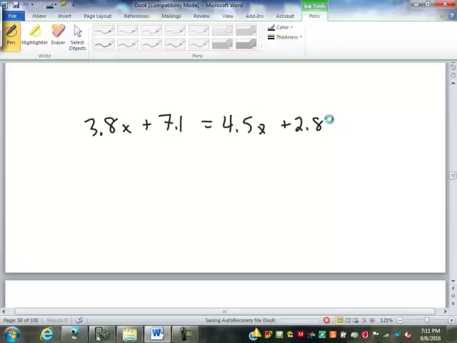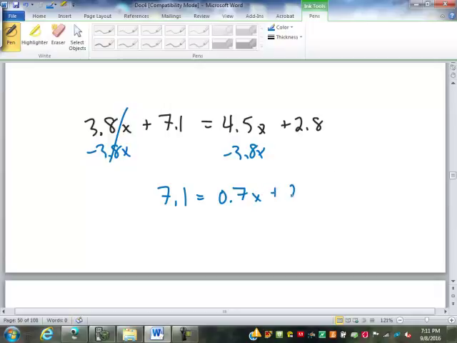We'll do one for you that doesn't work out so nice. Tell me what to do. Subtract 3.8x. Good. So 7.1 equals 4.5x minus 3.8x is 0.7x. We still have the 2.8.